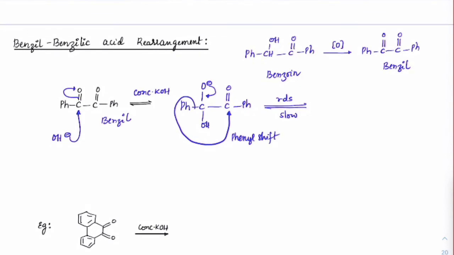So phenyl shift will take place and we'll have HO, C double bond O, C, O minus. As it shifts, this carbon would get O minus, Ph and Ph. This will take away the H plus from the acid and we'll get O minus, C double bond O, C, OH, Ph and Ph.